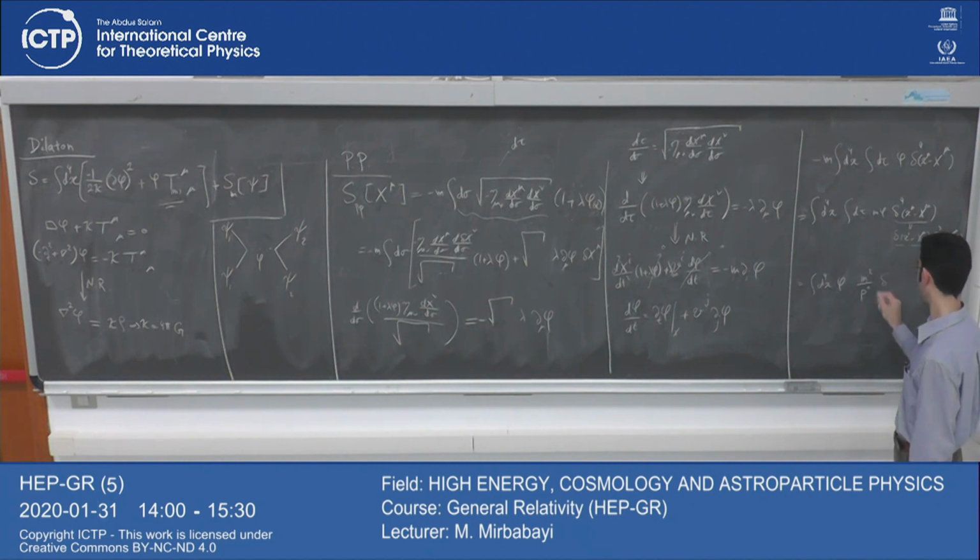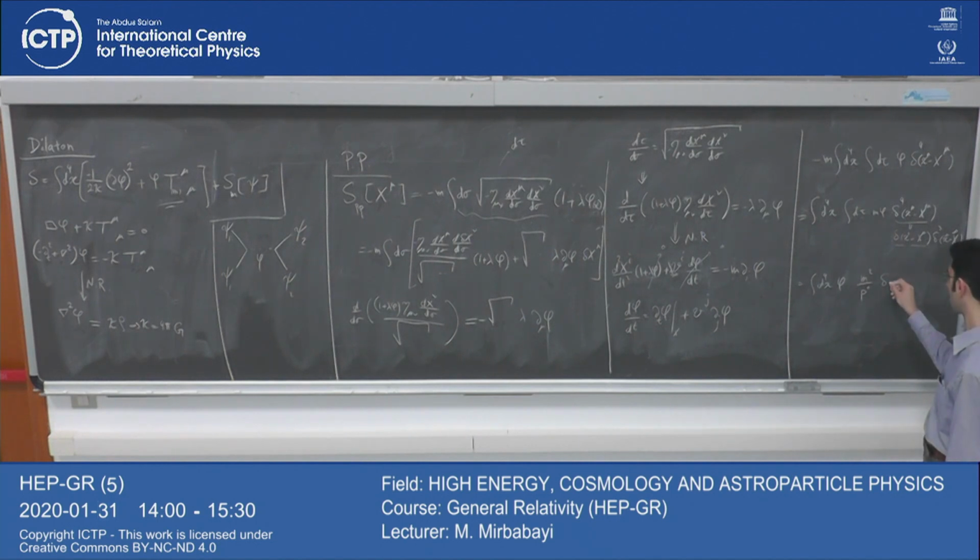times delta of x minus X. I again missed the minus sign; there was a minus here, it disappeared here, minus here, minus there. And this big X is of course the trajectory of the particle.